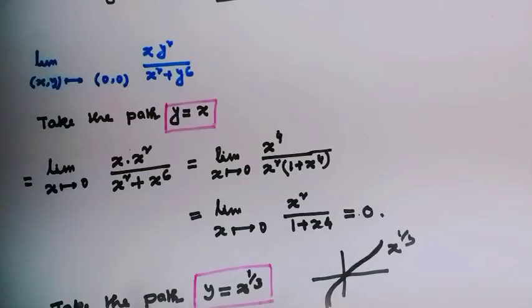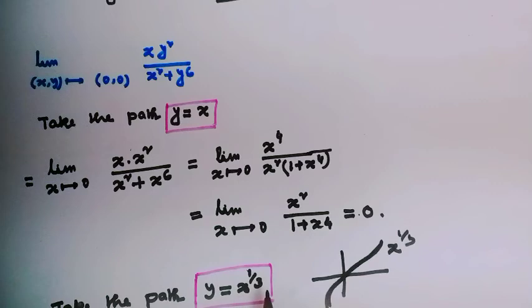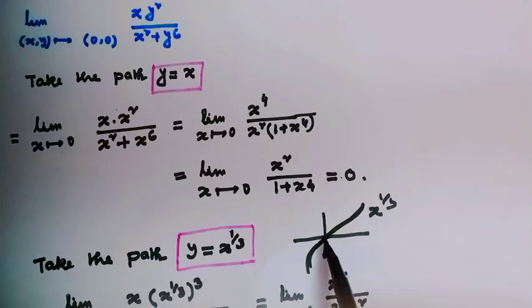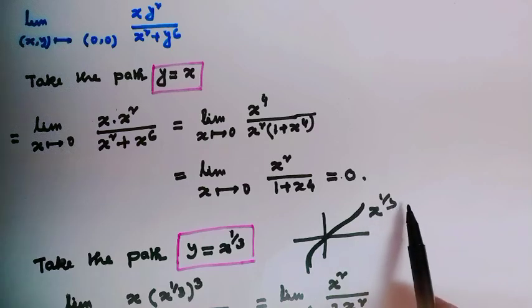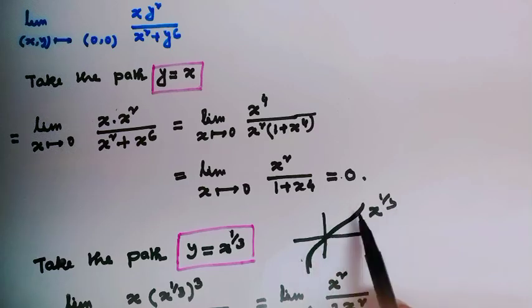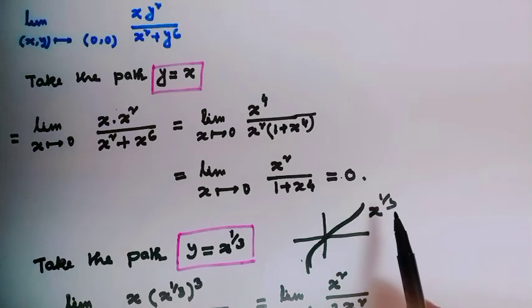Here I can take any path, y equal to x to the power 1/3. And this is the graph of x to the power 1/3. This function approaches (0,0). So I can consider this function.